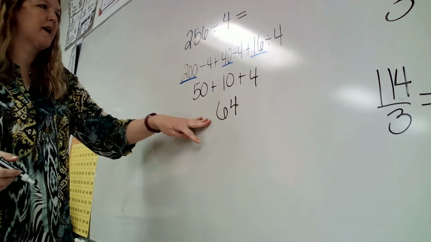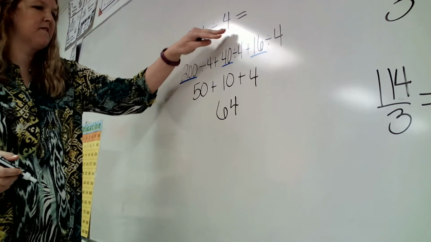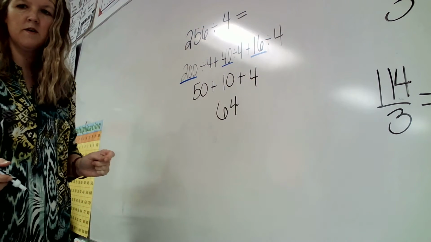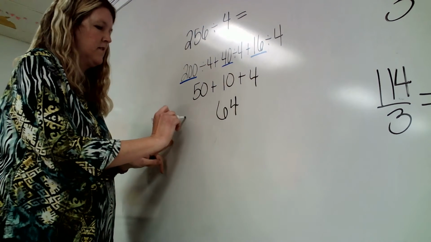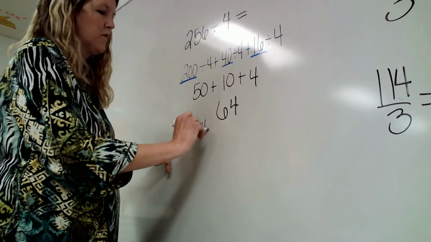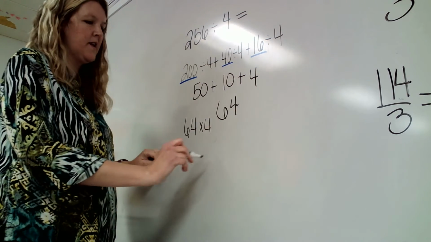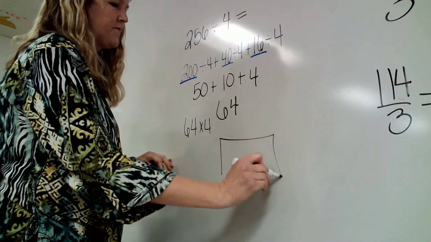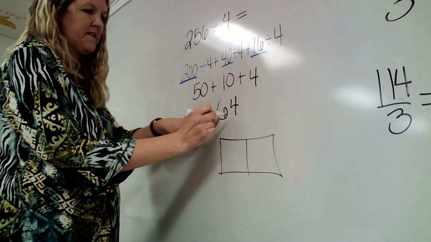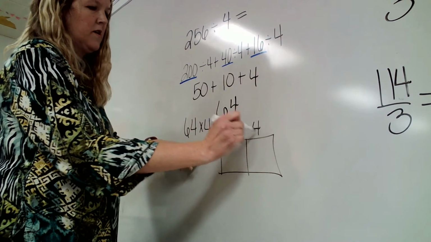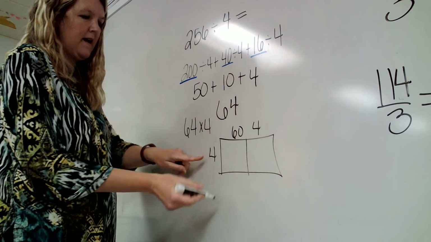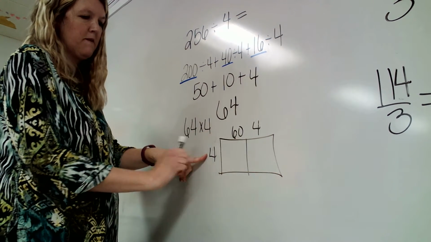And then, I could check this to make sure that 256 divided by 4 is 64 by using multiplication. So if I do 64 times 4, and I'm going to go ahead and use an area model for this. So I'm going to break up the 64 into 60 and 4. And then I'm going to multiply the 60 by 4 and then the 4 by 4.